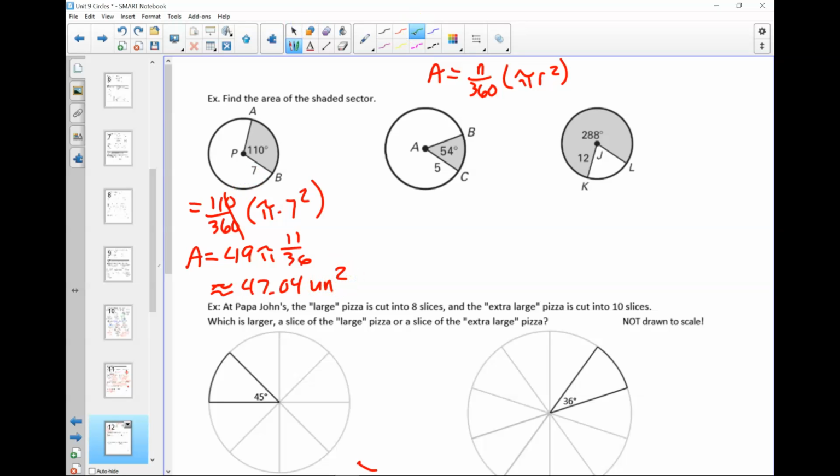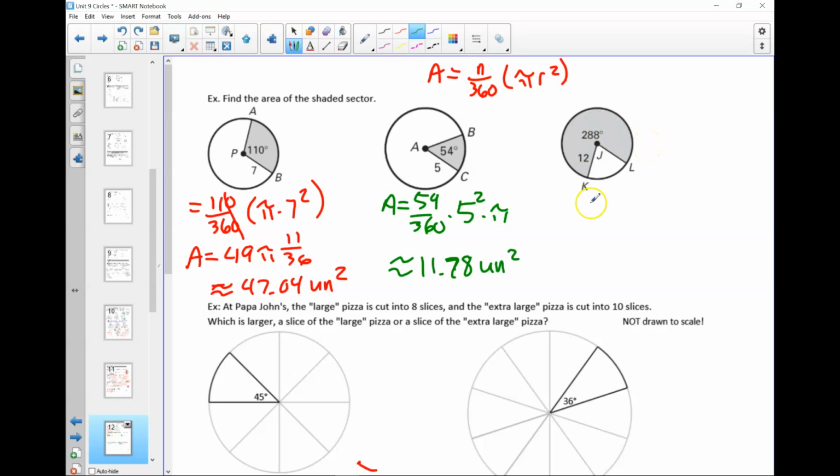Okay? For example 2, it's 54 degrees. So we'll have 54 over 360 times 5 squared times pi. Multiplying that out, make sure you use the fraction button on your calculator, 11.78 units squared. And finally here, we're trying to find the shaded region.